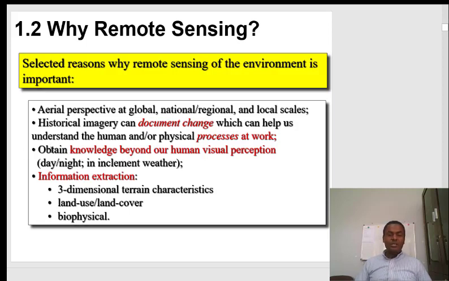The third reason why we study remote sensing is because we can obtain knowledge beyond our human visual perception. Thanks to remote sensing, our knowledge now extends beyond our human visual perception.